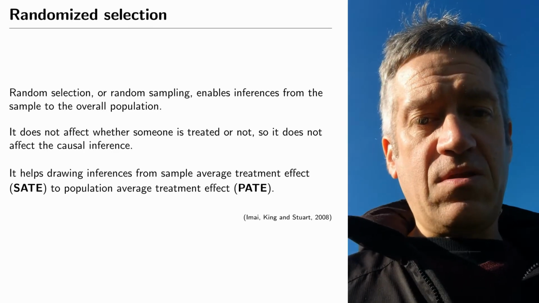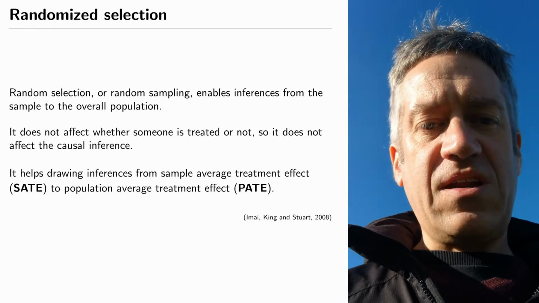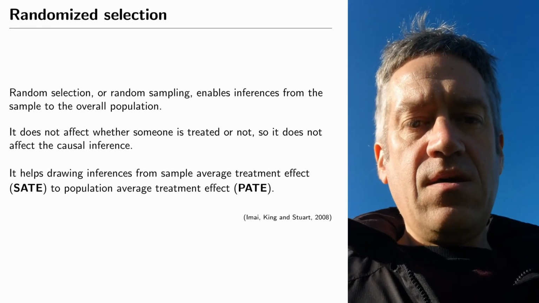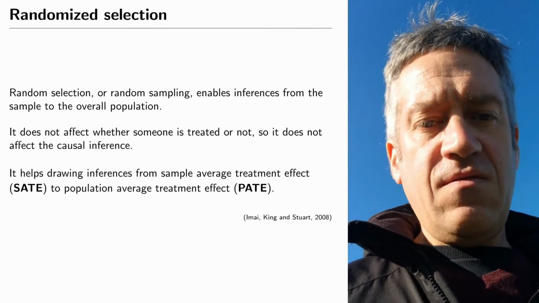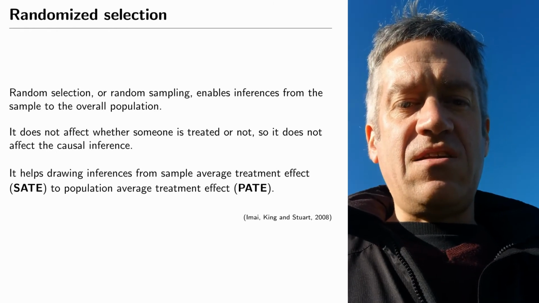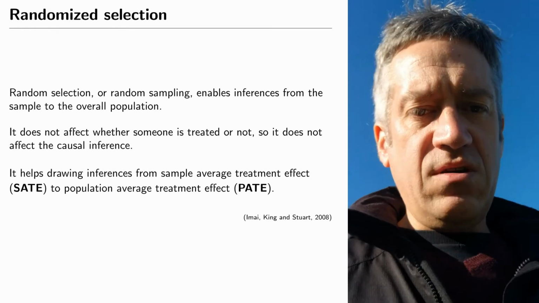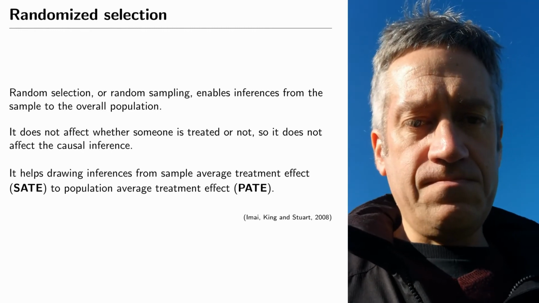If it's not a random sample, we need to know how it was not random and have an estimate so we can assess this probability. And if we have this random selection, we can draw these statistical inferences. But since random selection does not impact on getting the treatment or not, this has nothing to do with causal inference. This only has to do with statistical inference.